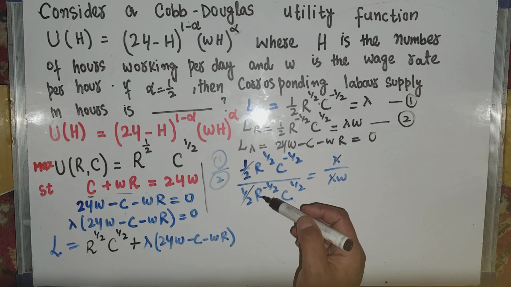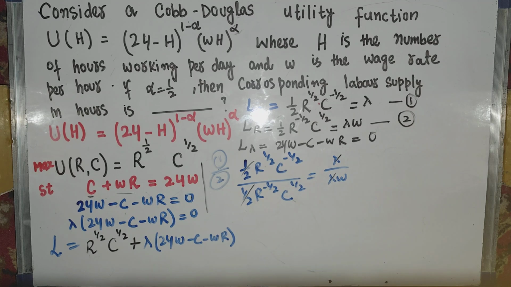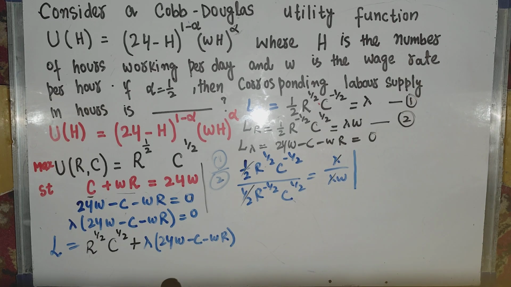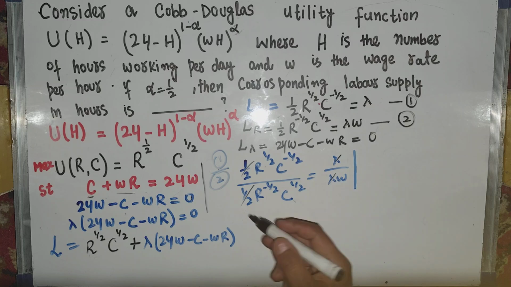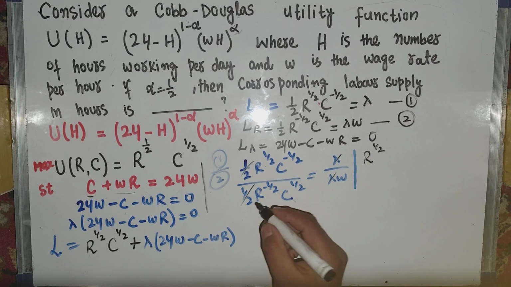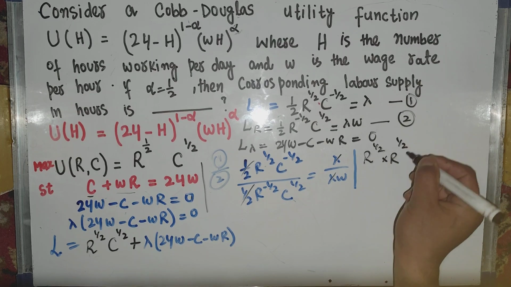Transposing this R to the numerator, it gets multiplied with this R. So R raised to the power 1 upon 2, transposed here, the exponent sign will change and it gets multiplied, R raised to the power 1 upon 2.